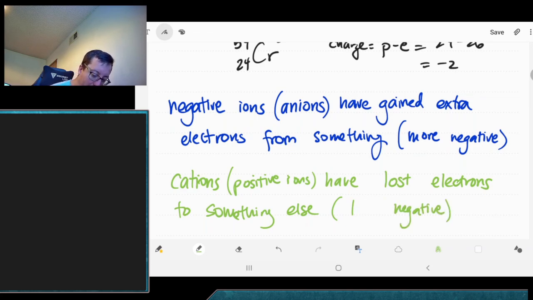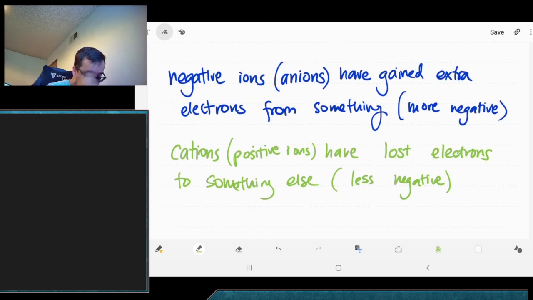So they've lost something that's negative, and therefore they become less negative or more positive. Either way you can say it, right? It's the same thing, you're just reframing it, positive versus negative. I mean, it'd be weird to say less positive for the first one, but more positive for the second one makes sense.